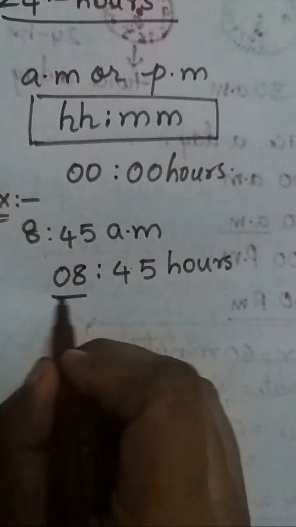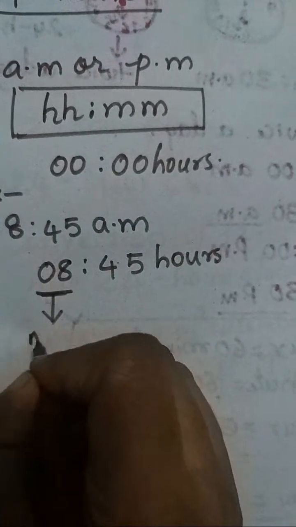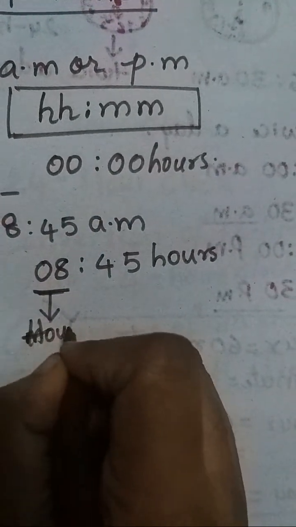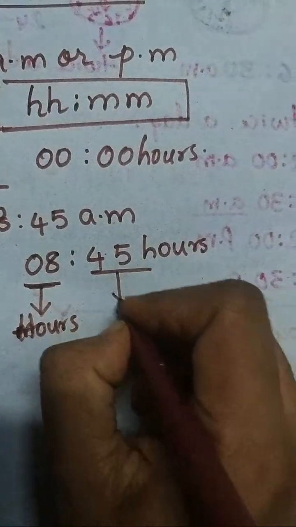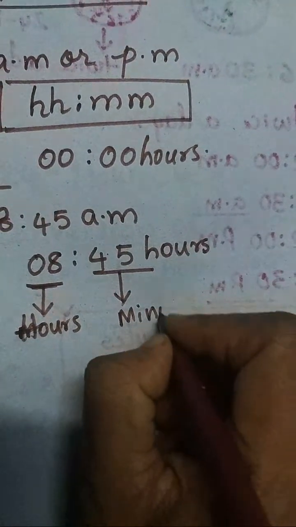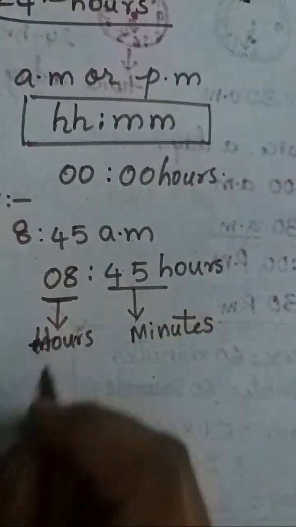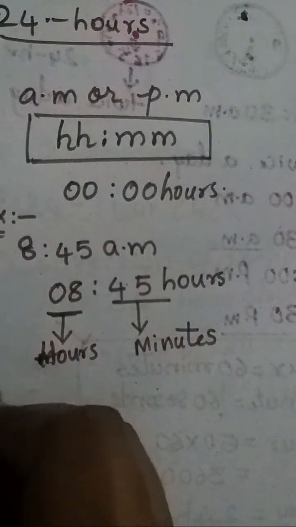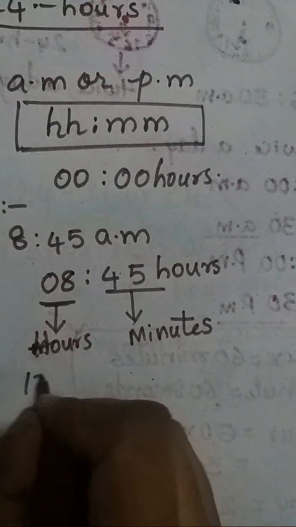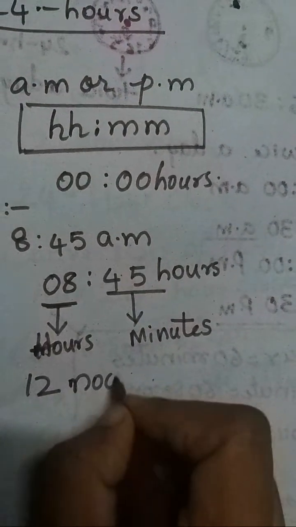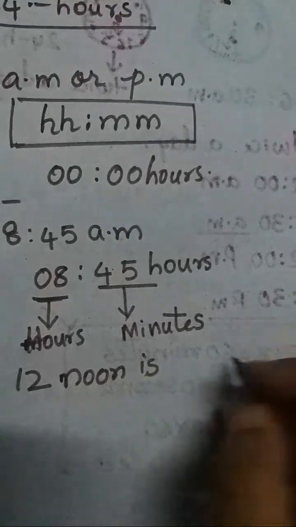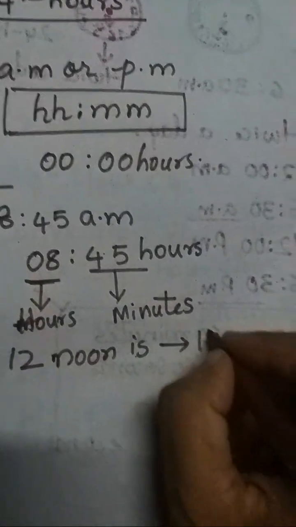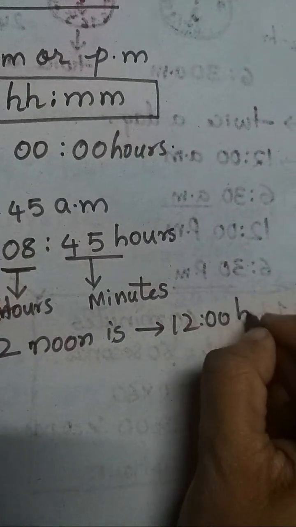This part means hours, and this part means minutes. This is the 24-hour clock. Now 12 noon is expressed as 12 hours.